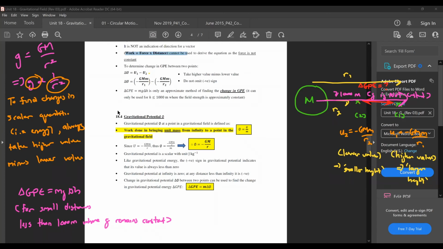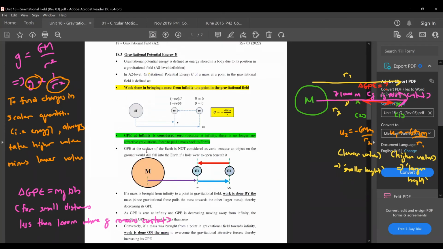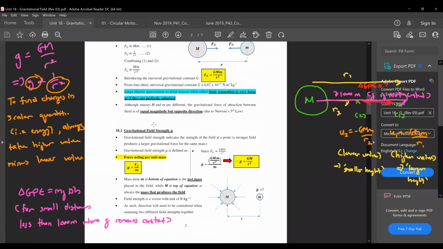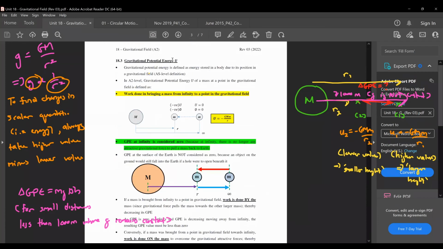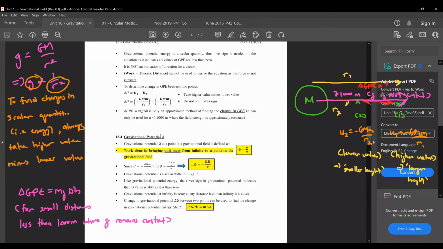Now there's also another different quantity called gravitational potential. Previously you learned gravitational potential energy. The new term that you're seeing here is just the same thing but without the energy. It's just called gravitational potential. Gravitational potential is kind of the same as gravitational potential energy, just that it's per unit mass.